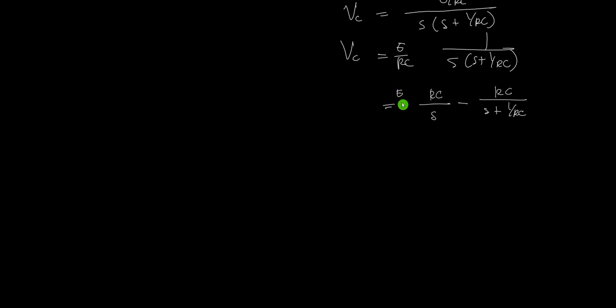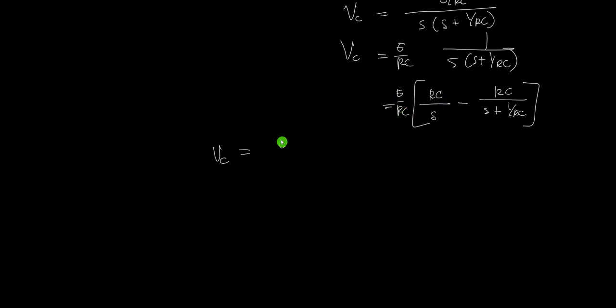Then I still need to multiply this with E over RC. So for Vc now, we distribute that, and RC and RC will cancel out.